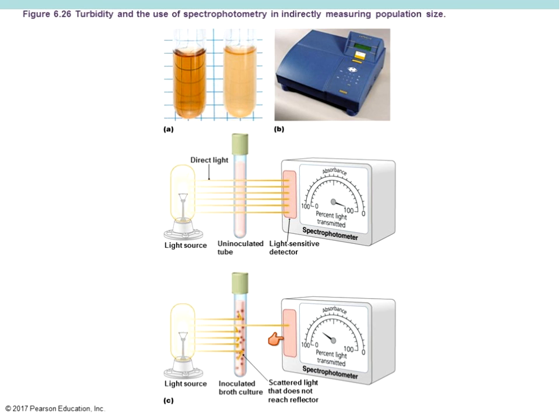So we would say that the percent of light transmitted is much lower, or there's a much higher rate of absorption of light by the bacteria. You use that as your data to determine that yes, there's microbial growth happening in here, and this microbial growth is higher because there was much more light absorbed by the high number of microbes, as opposed to this one, where a much greater percentage of light was transmitted because there was nothing in it.